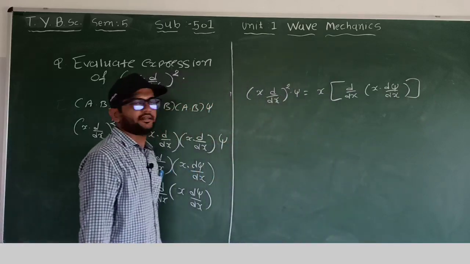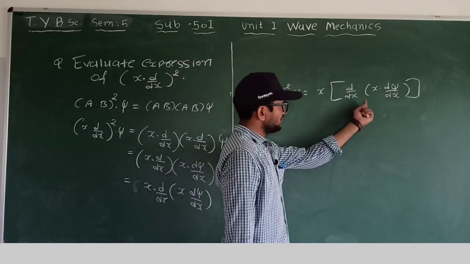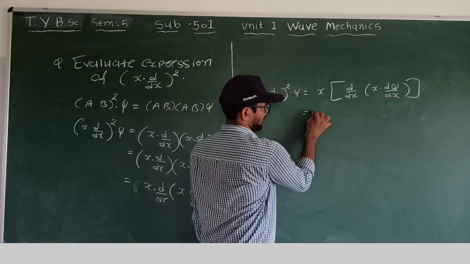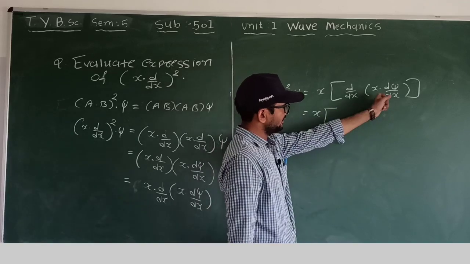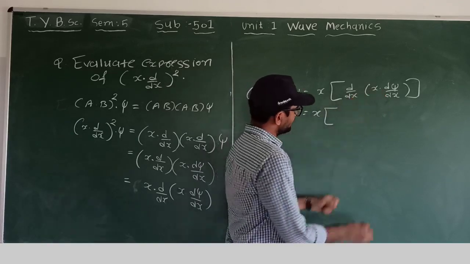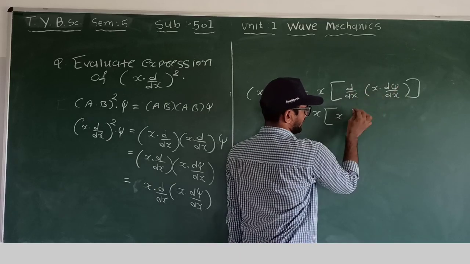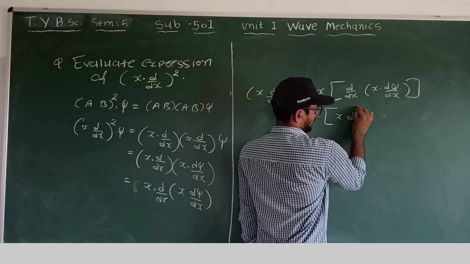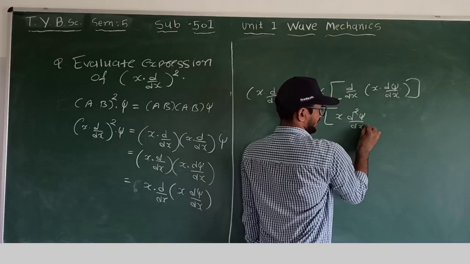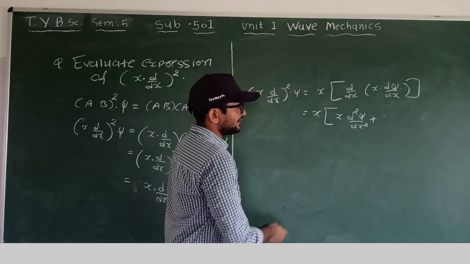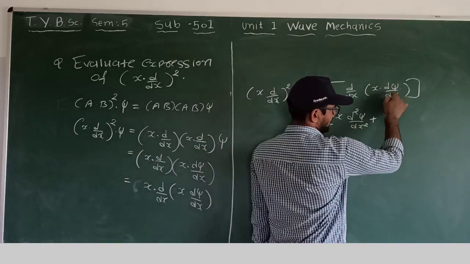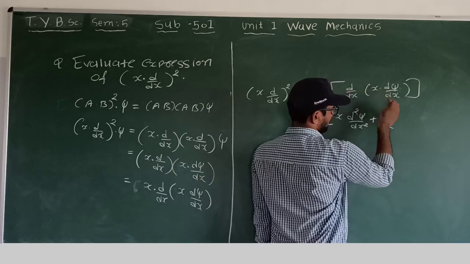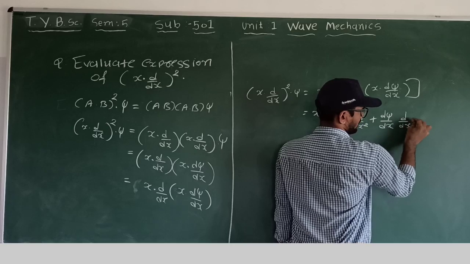So now multiplication of two functions in d/dx, it means first function remains as it is, it means x, and d/dx of another function, it means d/dx of dpsi/dx, which is d squared psi/dx squared, plus another function remains as it is, that is dpsi/dx, and d/dx of x.